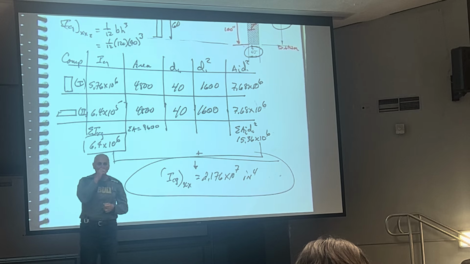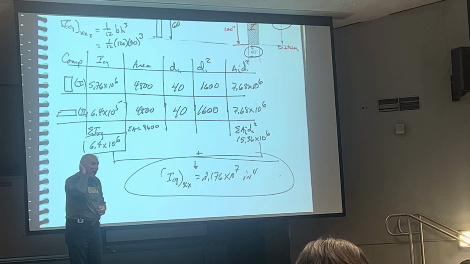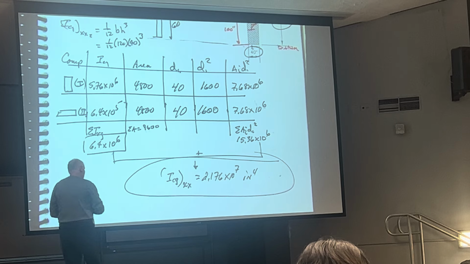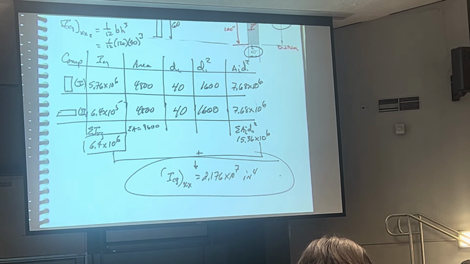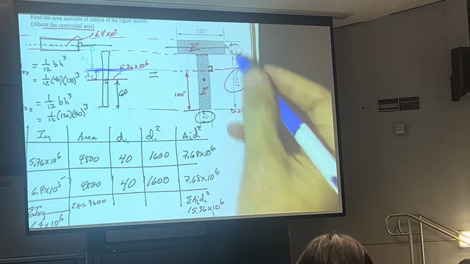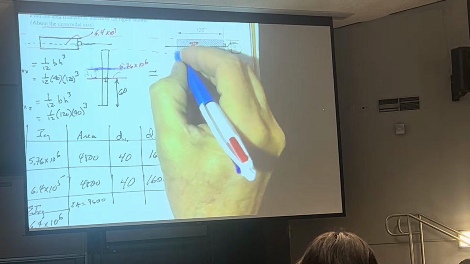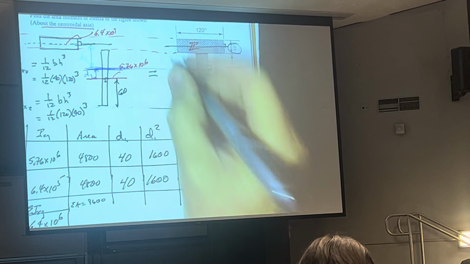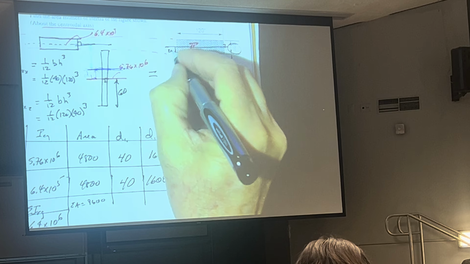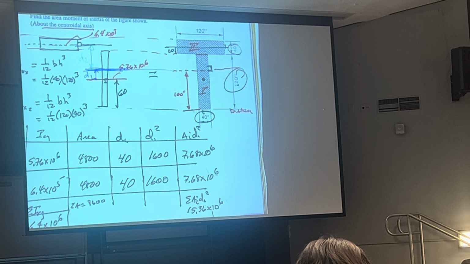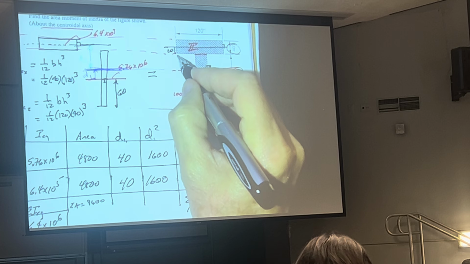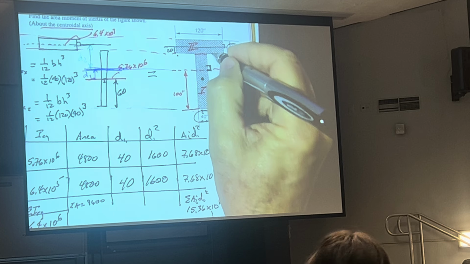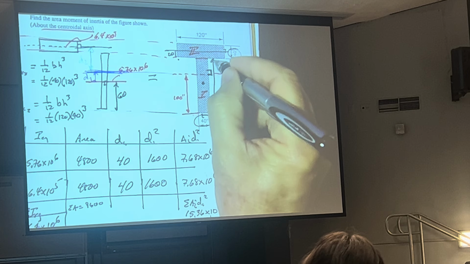Can you show me how you got d2 again? Well, this distance right here is 20. Would you agree? Half of 40 is 20. This whole distance is 120.